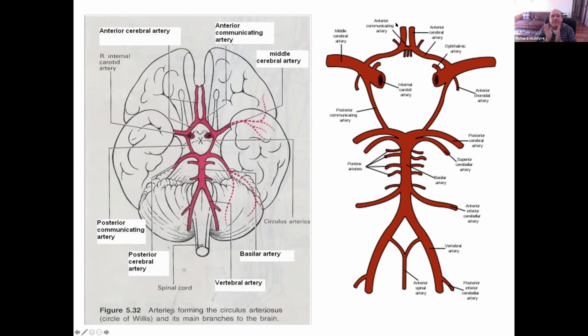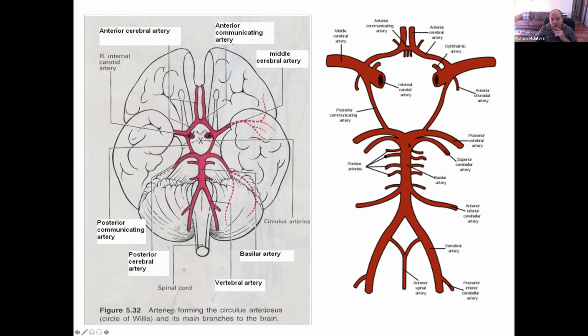Thank you. Excellent. Now we're going to start from the bottom to the top, and keep it quite simple. Vertebral artery. We know that's the left and that's the right, the patient's left and right. Basilar artery.